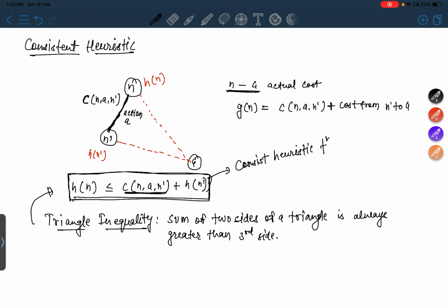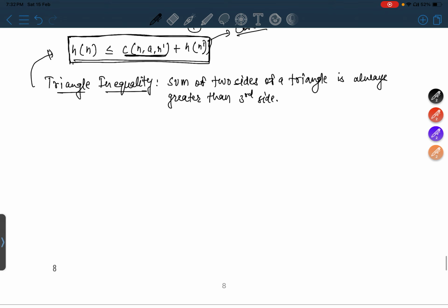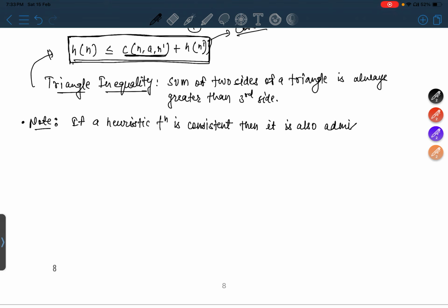Consistent heuristic functions. And we realize that कि अगर कोई heuristic function is consistent, so this is what: if a heuristic function is consistent, then it is also admissible.